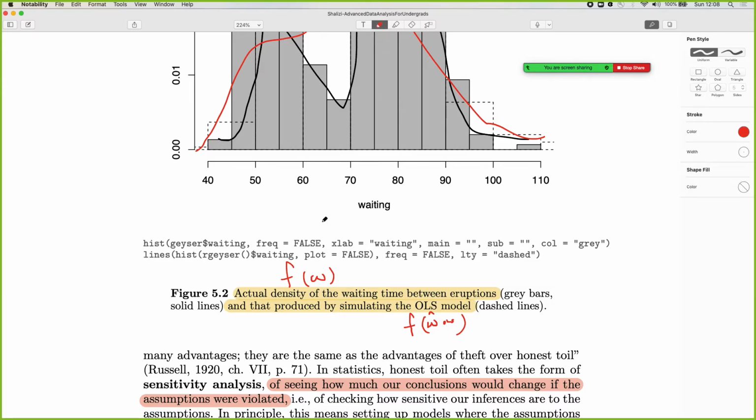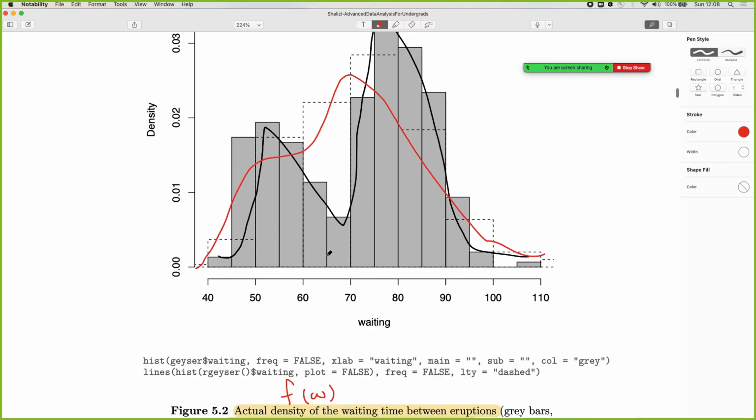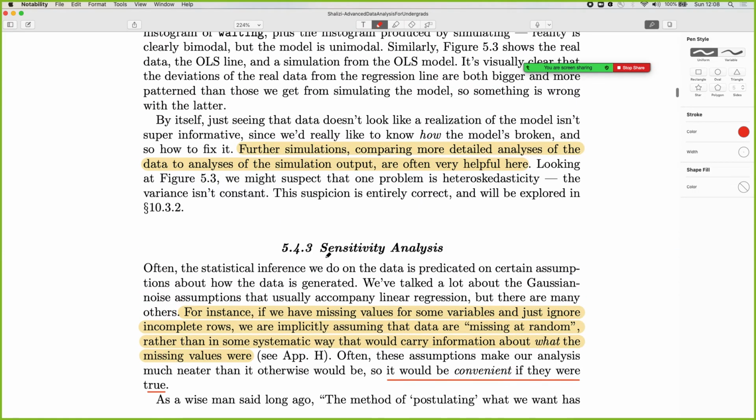I think this is the right technical way of writing it. Yeah, so here they just use histograms.